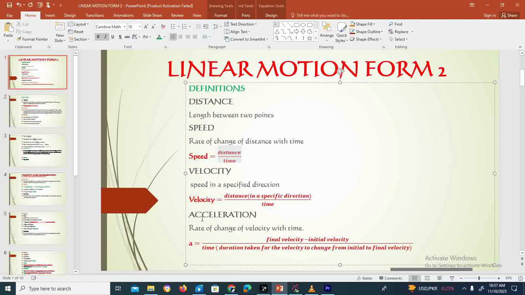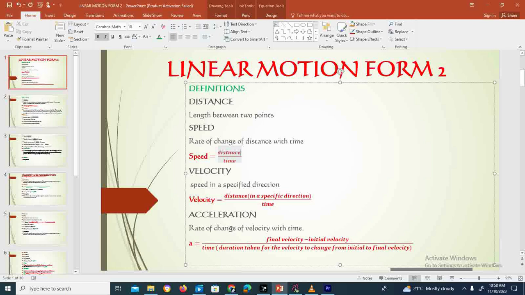The last term is acceleration. Acceleration is the rate of change of velocity with time. The velocity of an object that is moving might be varying. It might vary from an initial value to a final value within a specified duration of time.